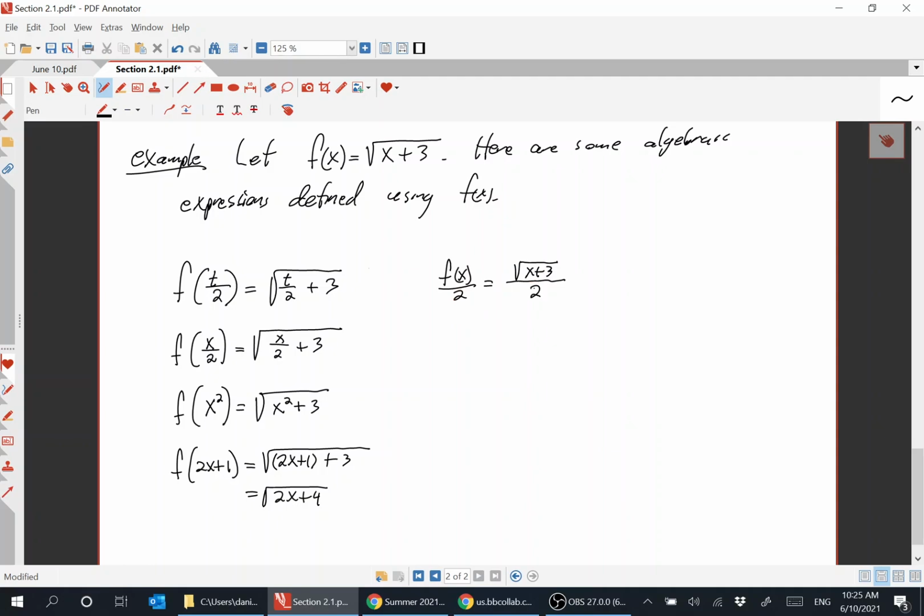But sometimes you want to express some ideas abstractly, for any sort of not particular function f of x. So I can plug x over 2 into the function, or I can divide the whole function by 2. Similarly, I can plug x squared into the function, or I can take the whole function and square it, which is going to be x plus 3, right, which is just x plus 3.